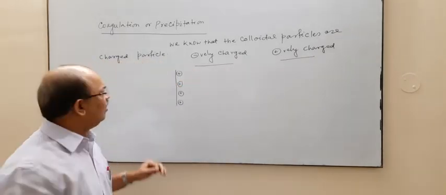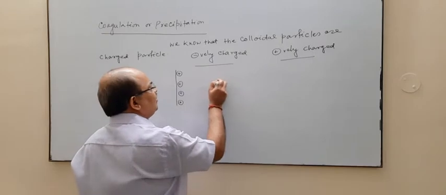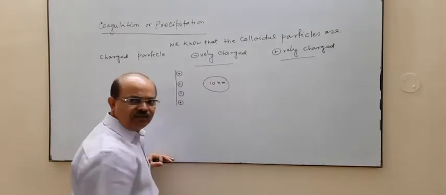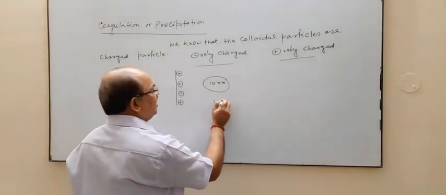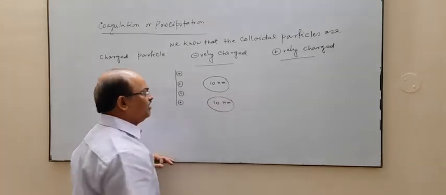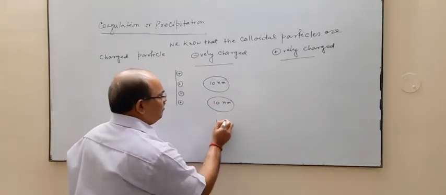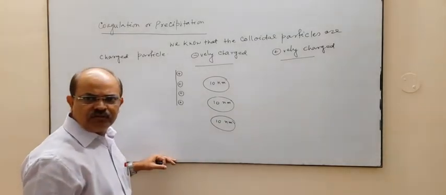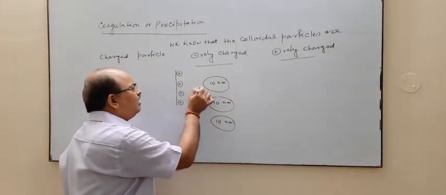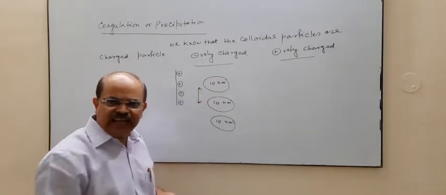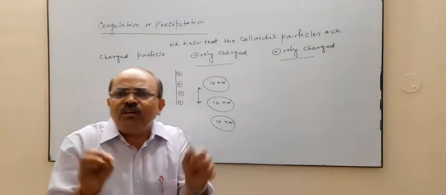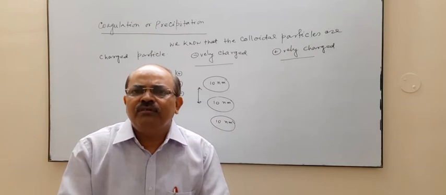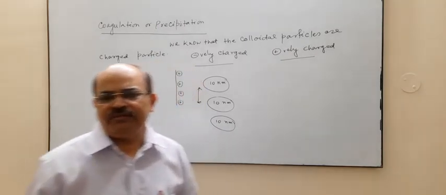For example, if one particle has a size of 10 nanometer, another particle has a size of 10 nanometer, and the third particle has a size of 10 nanometer, till they do not form any aggregate, they will not settle down and form precipitate.